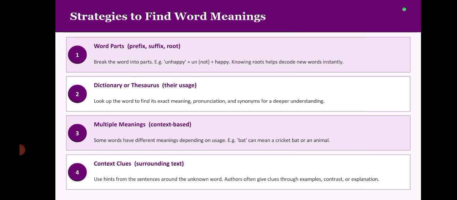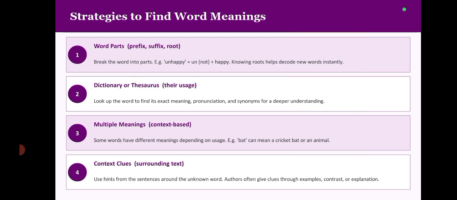Sometimes homographs or homophones are there: words with the same spellings but different meanings, or words with different meanings but the same pronunciation and different spellings. So these are the things, like effect and affect, idle and idol, bear and beer, tear. These have different dictionary meanings, multiple meanings, context based.